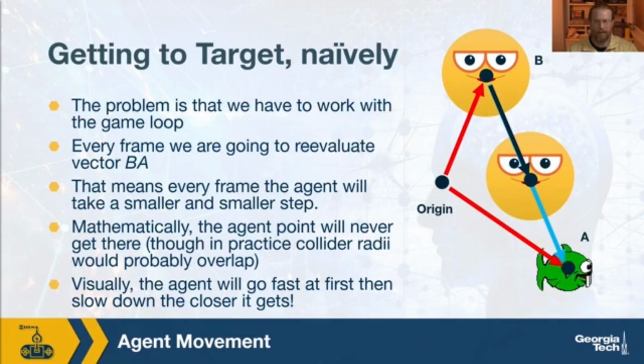Now, in reality, in the game, especially if you have game logic related to, say, the overall shape of the agent touching the fish, the collider radius of the two objects would probably overlap fairly quickly. But you would still have this problem of the agent going really fast when they're far away, and then slowing down like slamming on the brakes, and it probably wouldn't be the sort of gameplay that you want.